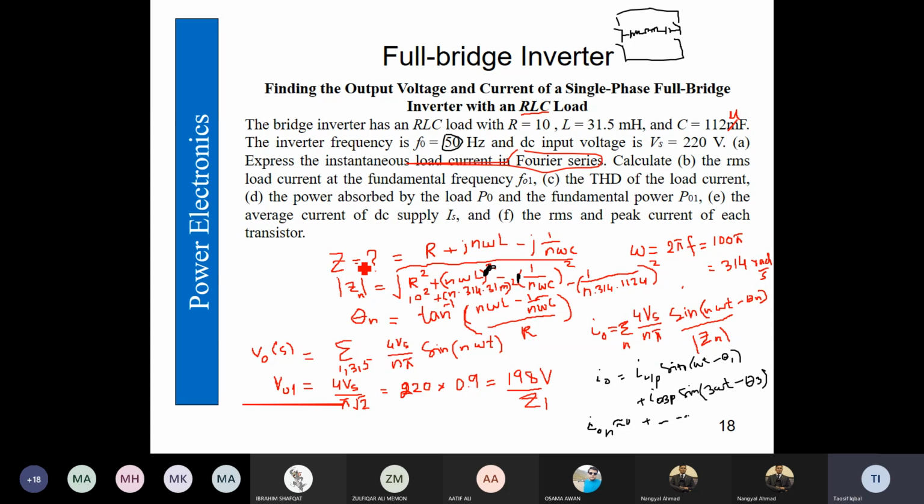To find the current we need the impedance, and along with it the impedance angle as well. So we first write down the formula and then we go for the calculation.